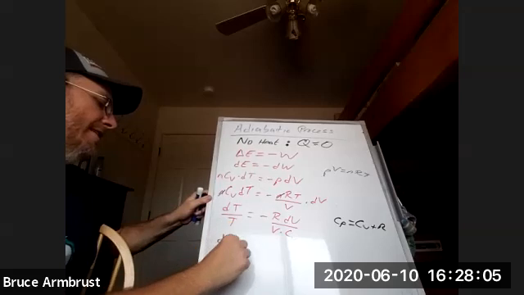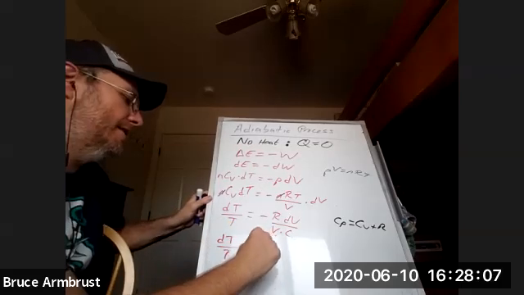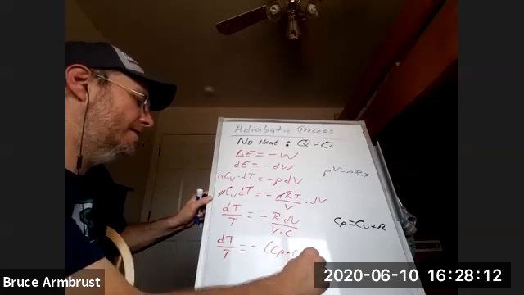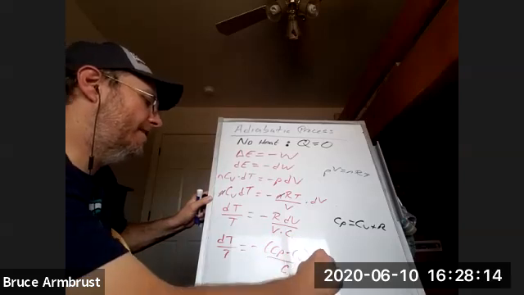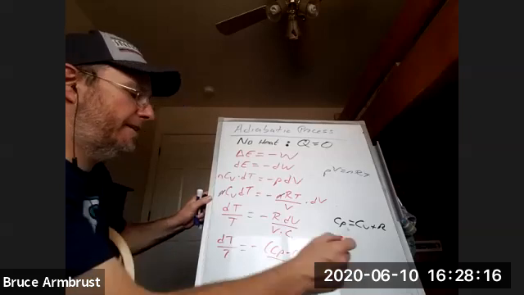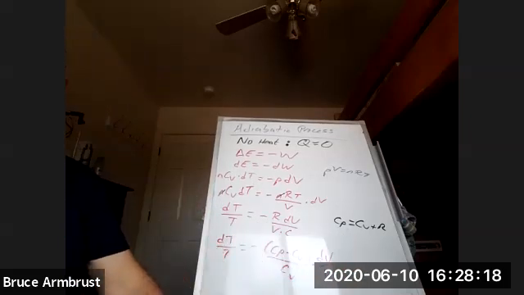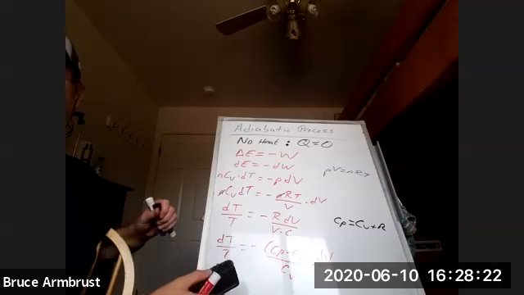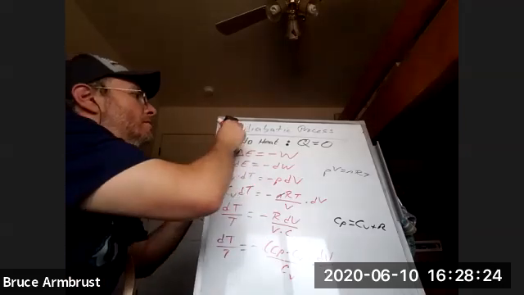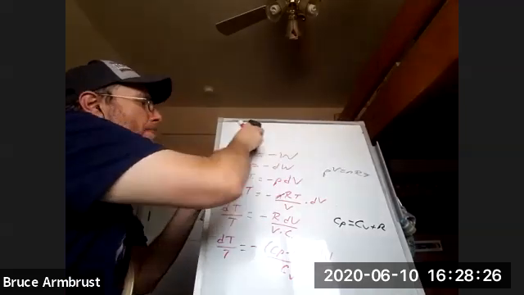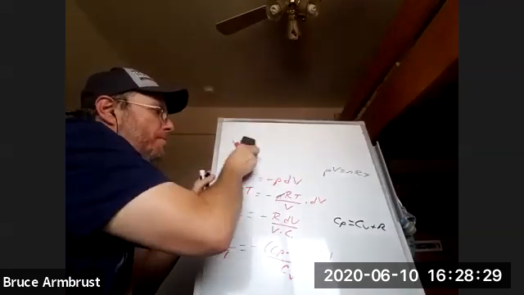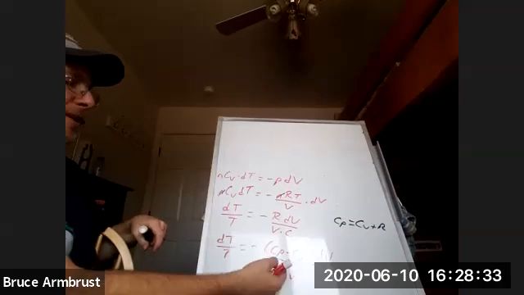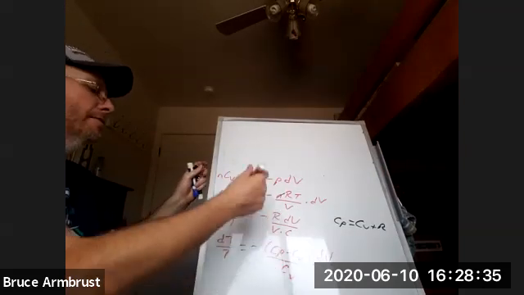So we're going to get dT over T is equal to negative Cp minus Cv over Cv times dV over V. So I'm going to divide that Cv in.